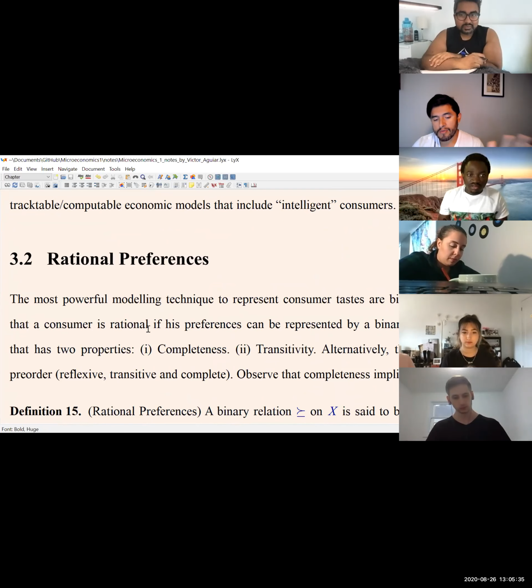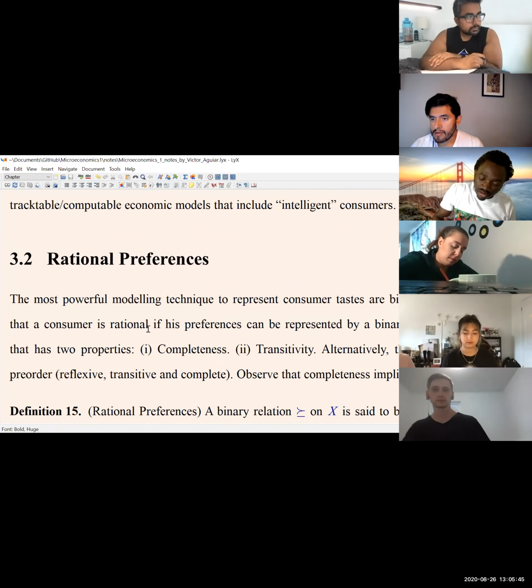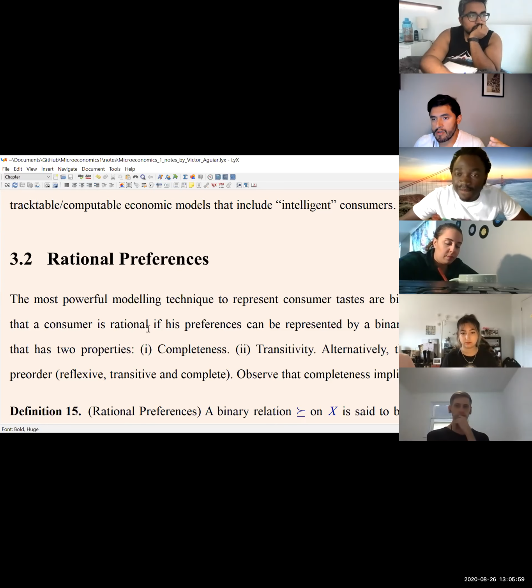I'm gonna ask you a simple question before getting into rational preferences. Imagine you're trying to model why people join a strike or a protest. What would you do? I'm going to tell you two potential approaches. One approach, more sociological, there are some models of protest in sociology.